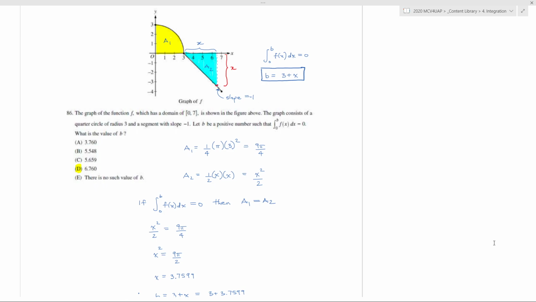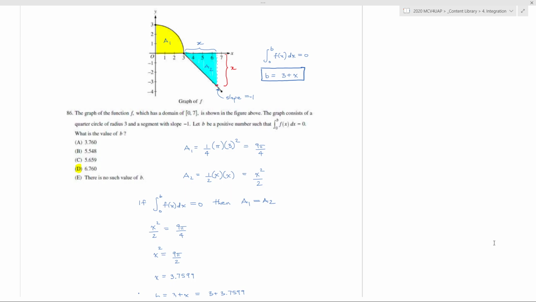I'm just going to let the distance between that dotted line and 3, so starting at 3, the length from 3 to that dotted line, I'm going to call that distance x. Okay? Now, that forms the base of that blue triangle.